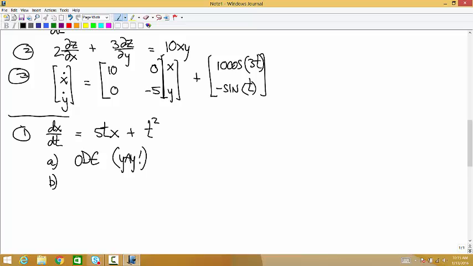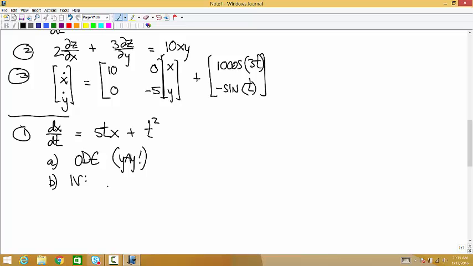Okay, it's ordinary, so we know there's only one independent variable. What is it? X is the dependent variable. X is a function of time. How can you tell that? The independent variable is the one you're taking the derivative with respect to.